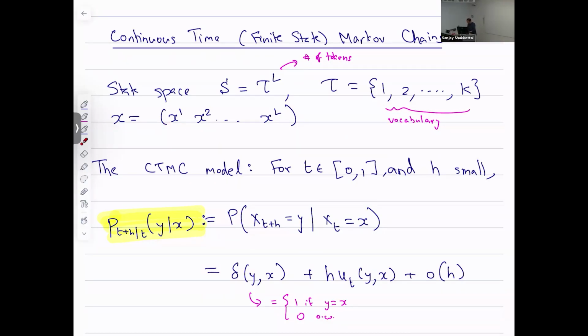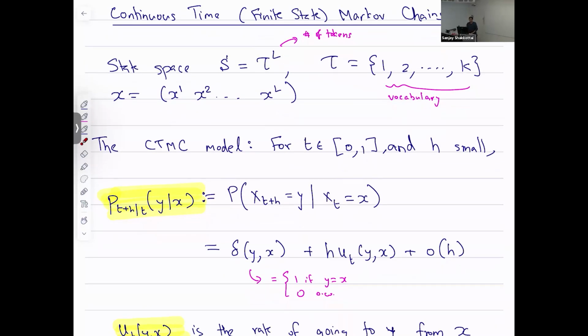And the CTMC model, I will describe it in terms of small discrete times. There's a better way of describing this through Poisson jumps and all that stuff. I'm going to ignore all that and give a working definition of CTMCs, which is the following. If I know that at time t I'm in state x. In fact, this is all finite state.